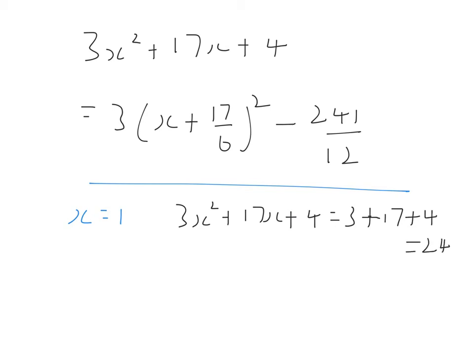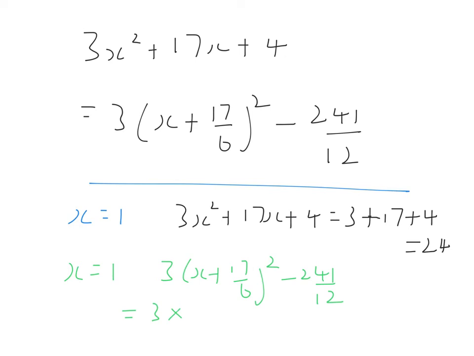Let's do the same value, x equals 1. Let's put that into our answer here. So I'm going to get 3 lots of x plus 17 over 6 squared minus 241 over 12 equals 3 lots of 1 plus 17 over 6.